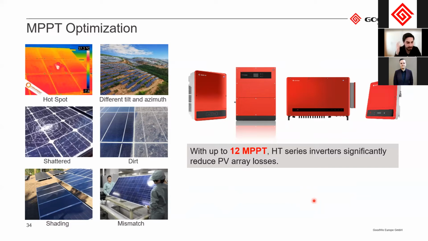You can have different structures on the roof that cause shading, and this causes the whole string to suffer from one shade that's on only a few modules. But in case you have many MPPTs, then the inverter will optimize each and every MPPT so that you have a higher generation, basically.